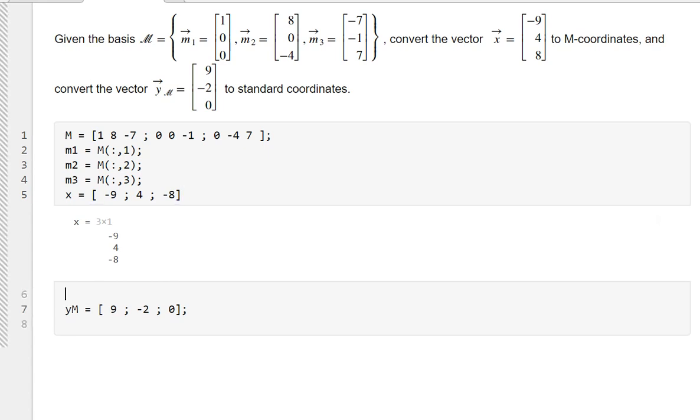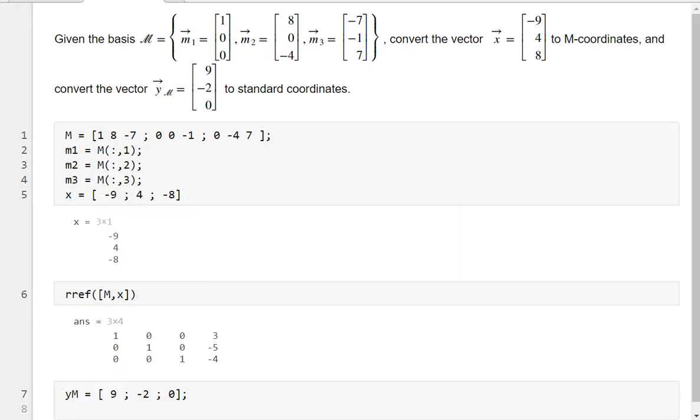And what I need to do is row reduce the augmented matrix m comma x, and this will give me the linear dependence relation. So the vector x in the m coordinates is equal to the vector 3, -5, and 4. I'm sorry, this is poor. I'll apologize, but that's what we found. We found the m coordinates for the vector x.